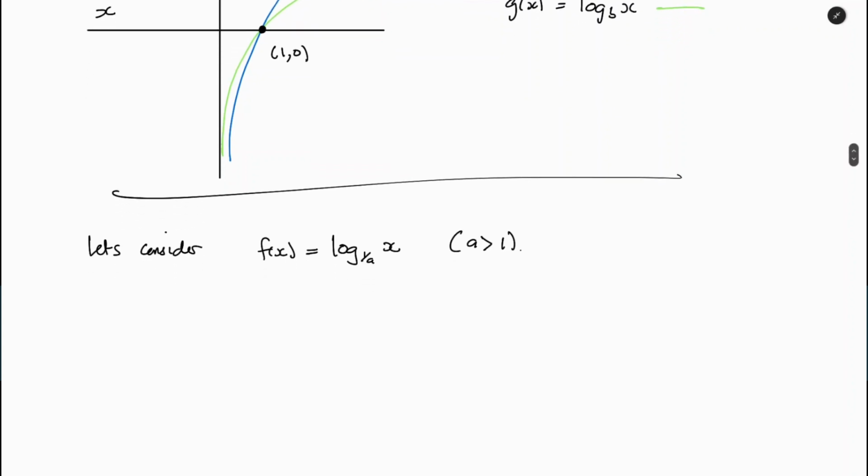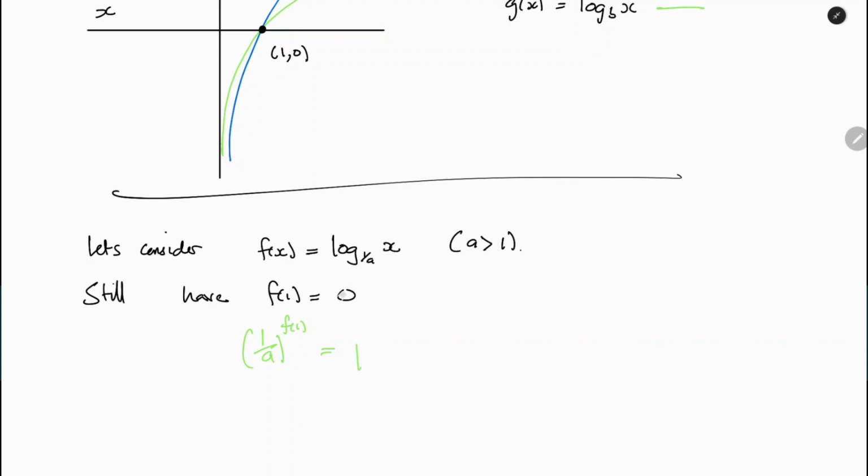By the same argument as above, we still have that f of 1 is going to equal 0, right? Because 1 over a to the power of f of 1 must equal x, which is 1.